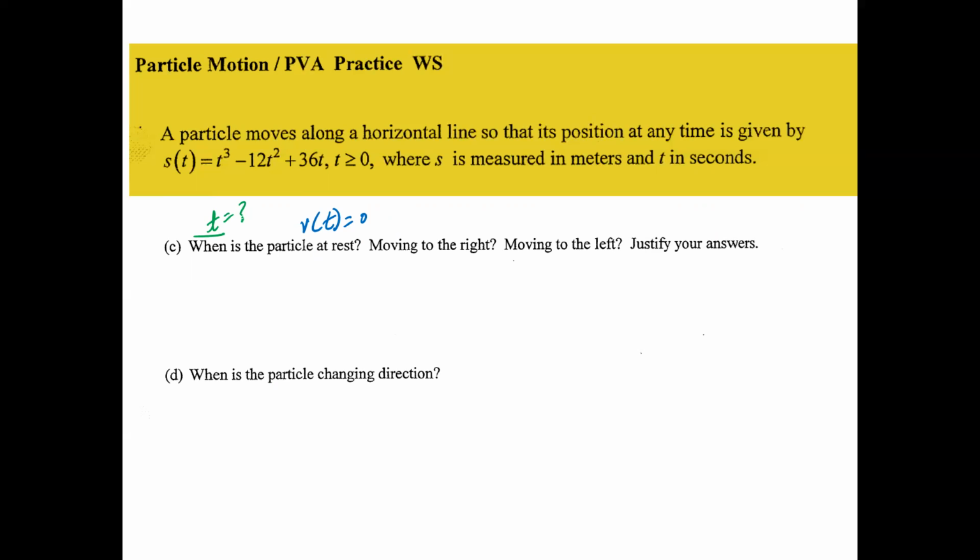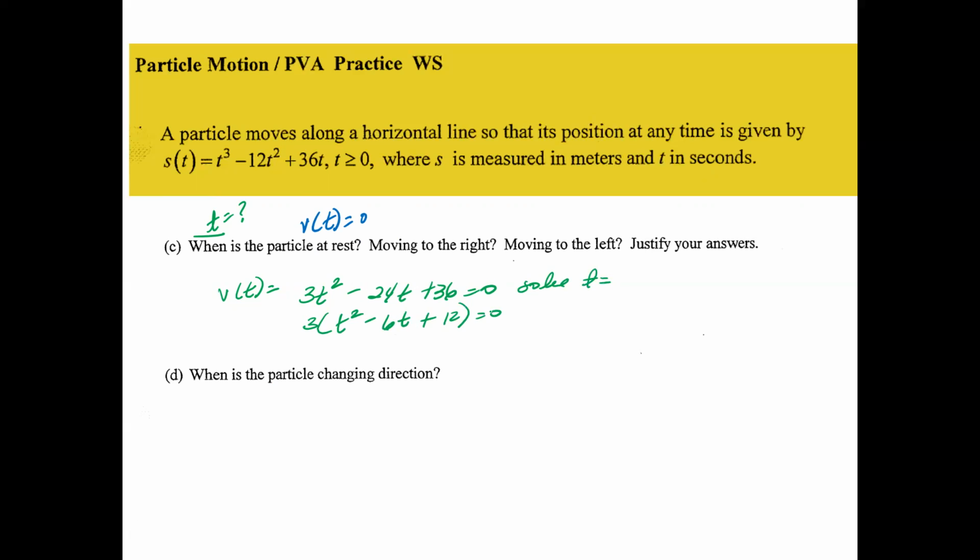So looking at this part right here, I know that my velocity is going to be 3t squared minus 24t plus 36, which is equal to 0. So then I can factor out the 3 to solve for t, because that's my goal. So then I have t squared minus 8t plus 12 equals 0.